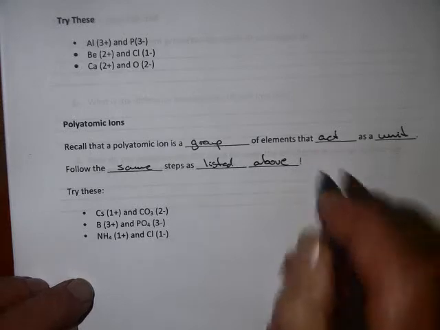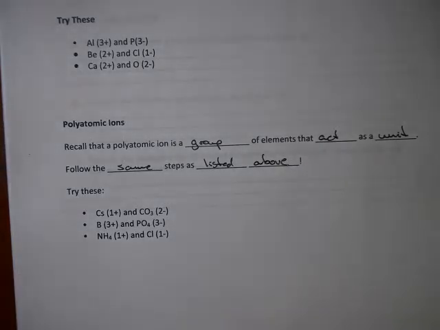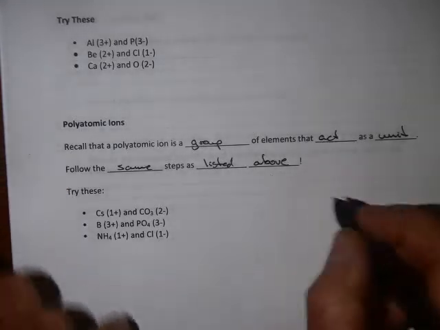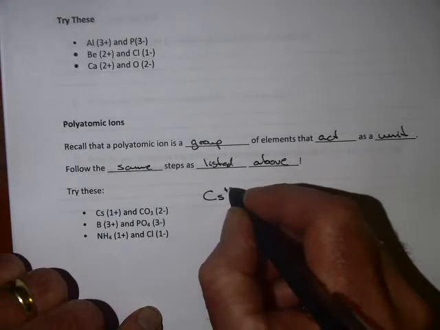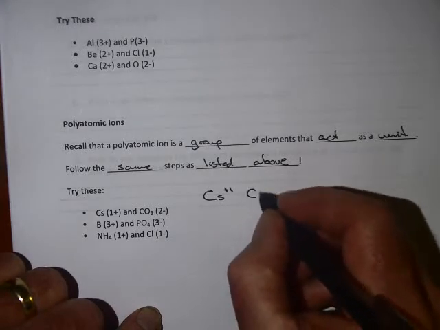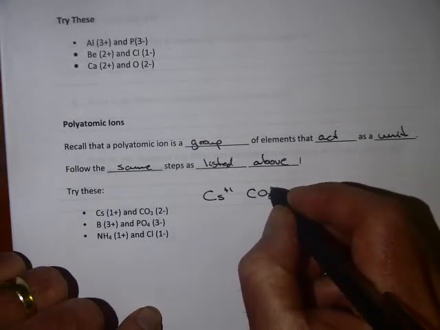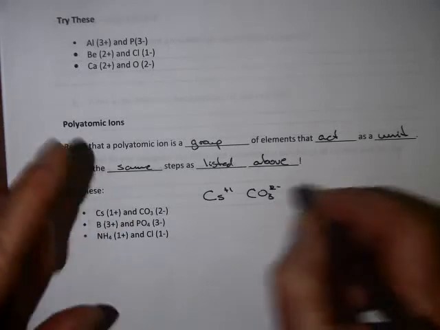I'm going to do the first one, and I'm going to let you do the next two. So I'm going to do cesium plus 1 and CO3 2 minus, or minus 2, doesn't matter.